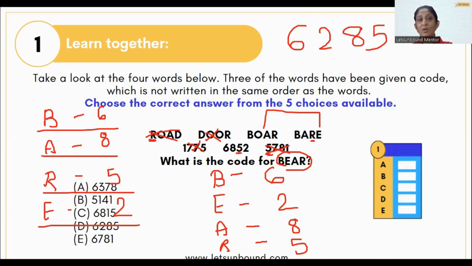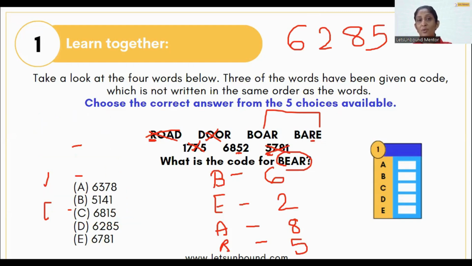Now, let's look which of the options have got this code. And if we watch it clearly, the option D is having 6, 2, 8, 5. That means the correct answer for this particular question is 6, 2, 8, 5. Okay.